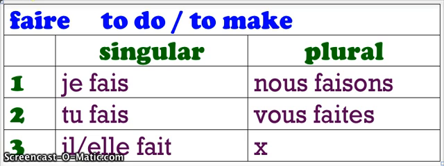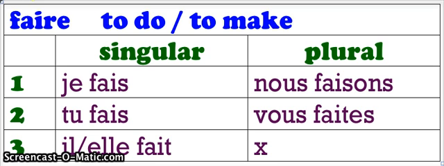Now what's interesting here is normally we would expect to see an EZ ending. And that's true because most verbs in French in the present tense, the vous form does have an EZ ending. There are only 3 verbs that do not. That would be être, where we have vous êtes. It would be faire, where we have vous faites.